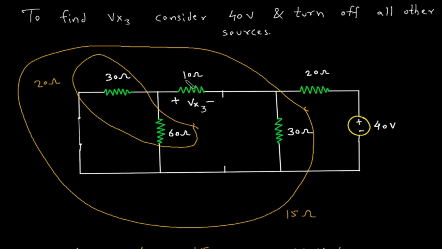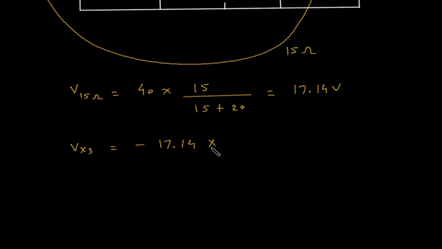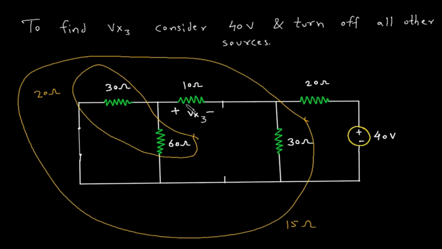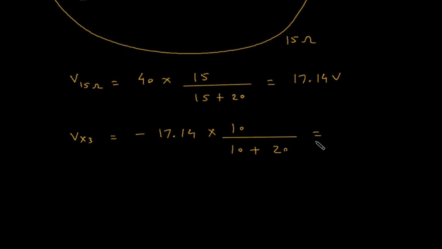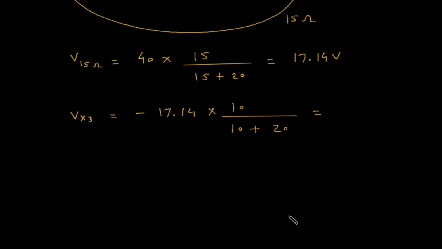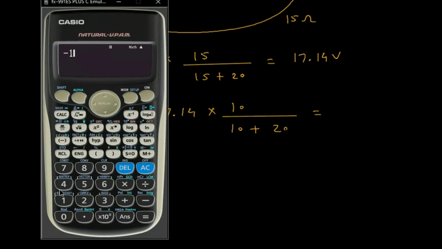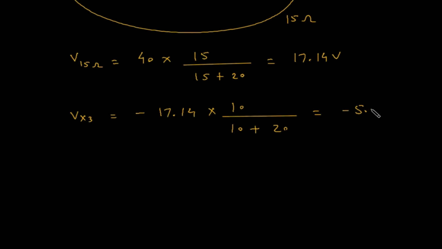Then 10 ohm into 10 ohm divided by 10 plus this 20 ohm. So this will be minus 17.14 into 10 by 30. Minus 5.71 volt. This is the value of Vx3, minus 5.71 volt.